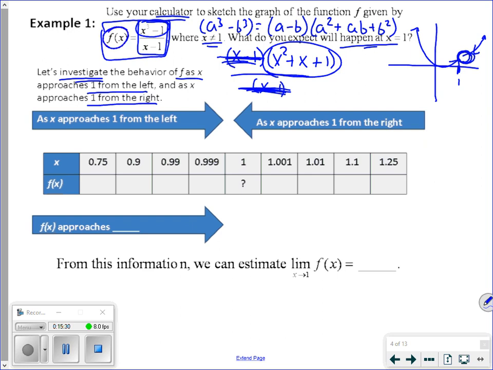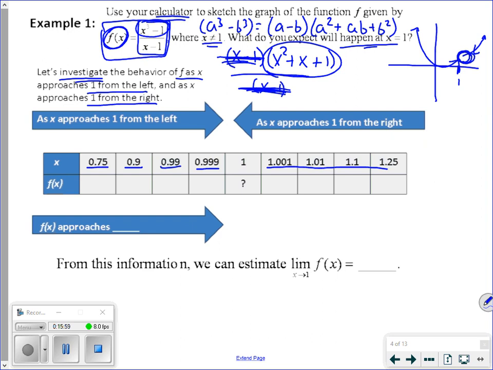Using the function f of x equals x cubed minus 1 over x minus 1, we were going to plug each of these values into the calculator. I usually have half the class do the left side and half the class do the right side. But take a minute, maybe pause the video, check my work on this, plug each of those values into the function, and we'll investigate what's going on. And I'm going to go ahead and fill those out for you right now.